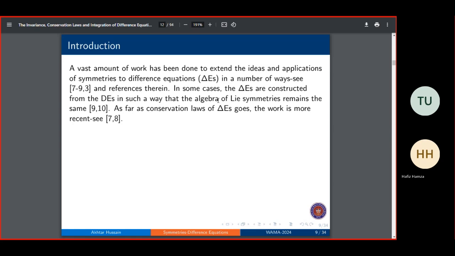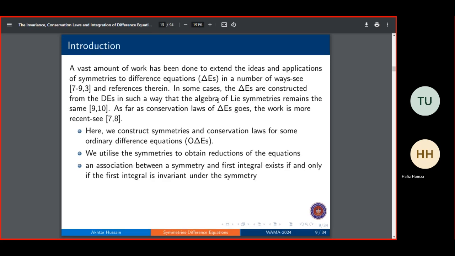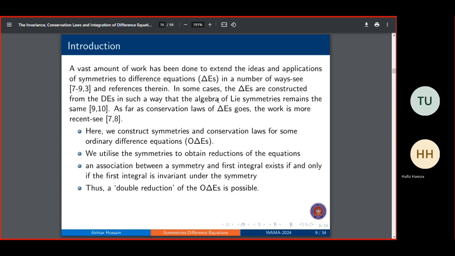As far as conservation laws are concerned, the work is more recent. So here we will discuss the symmetries for second order difference equations, and then we will use them for the reduction of the equations, and then we will discuss an algorithm to construct the first integral, and then we will check the relationship between the first integral and the symmetry generator.